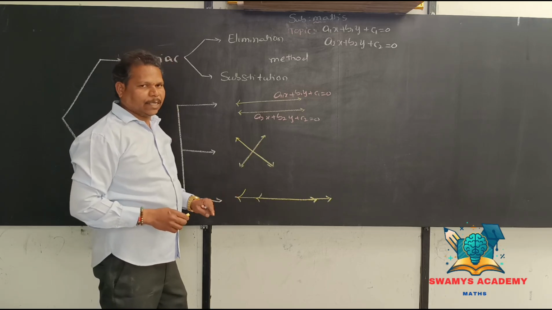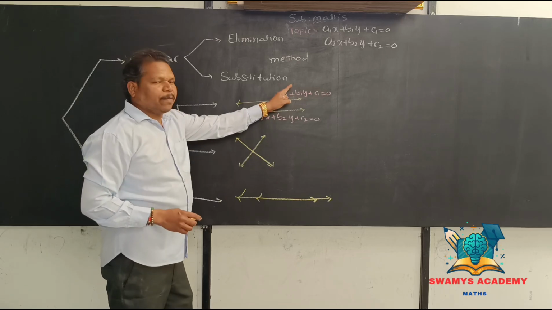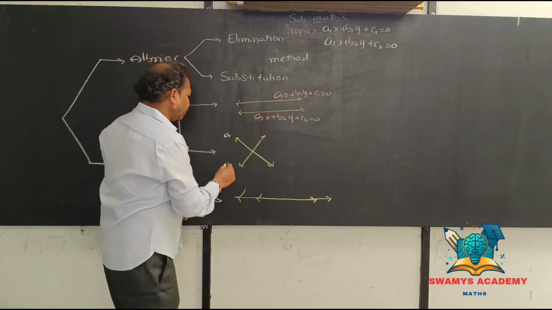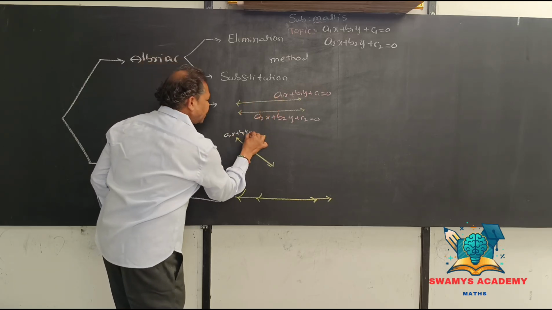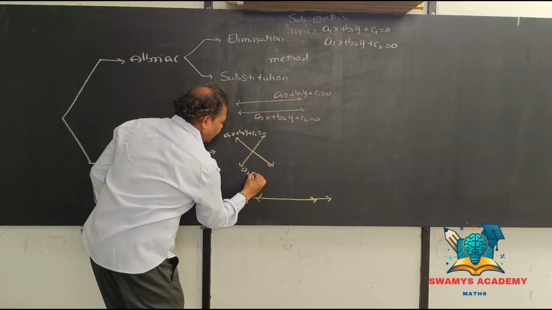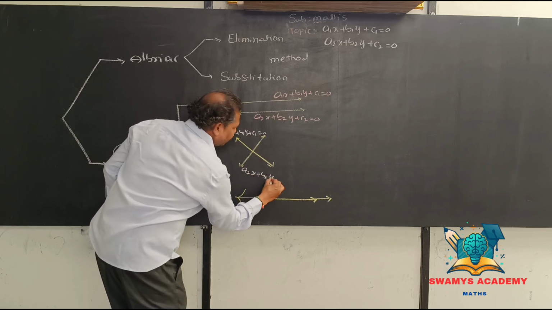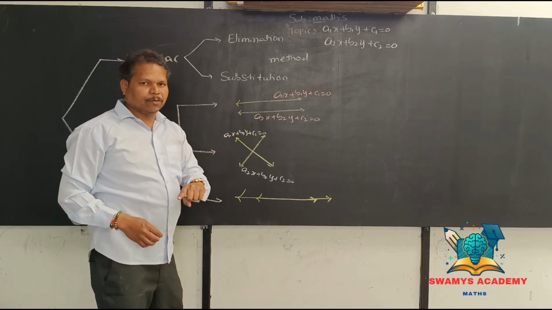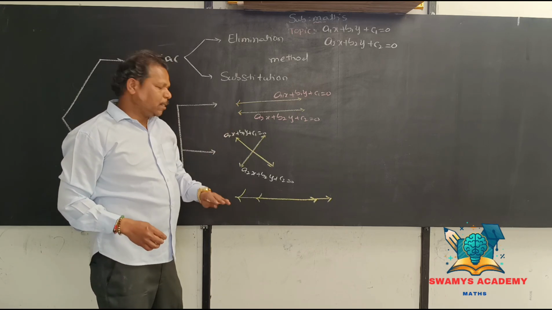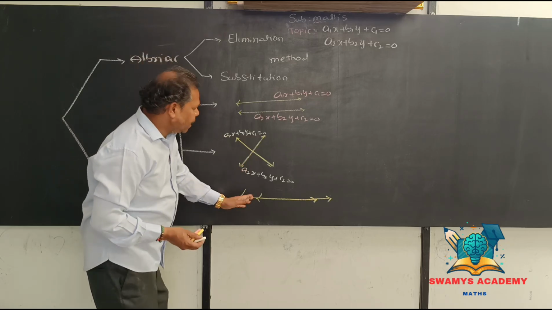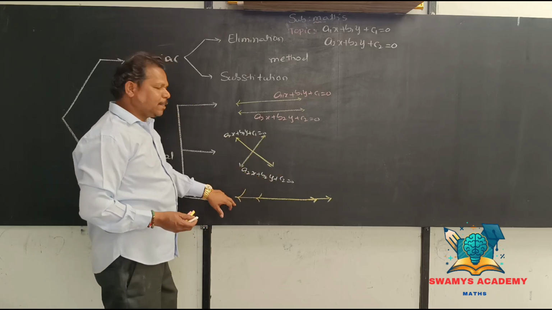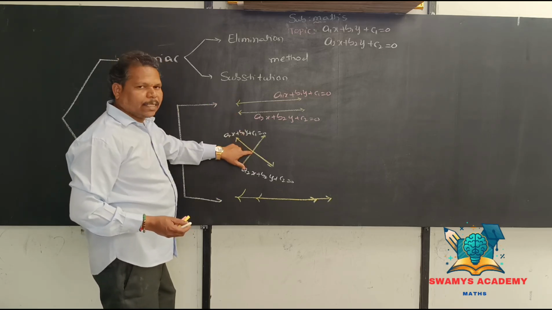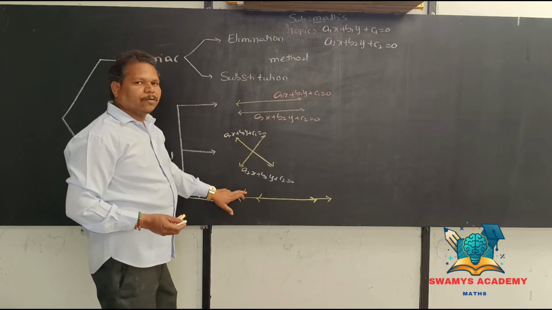In the coincident case, the equations a1x + b1y + c1 = 0 and a2x + b2y + c2 = 0 are both the same, because one line is lying on the other line. So we call it coincident. Once again, the first is parallel, the second is intersecting at one point, the third is coincident.